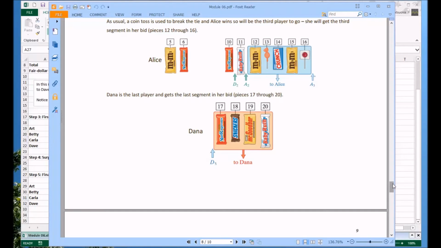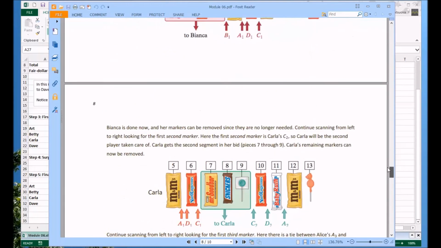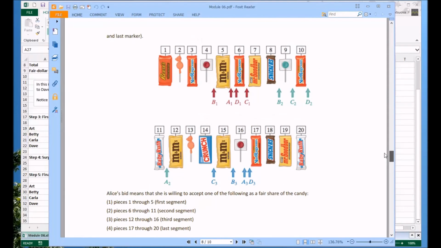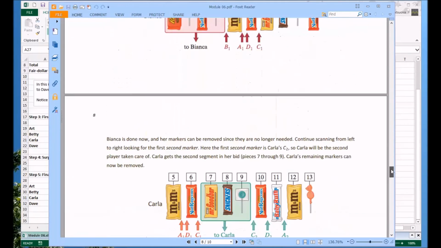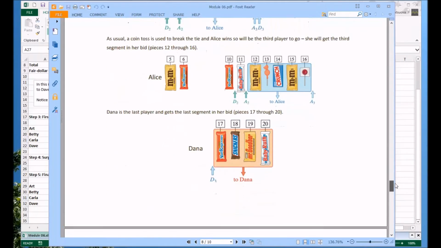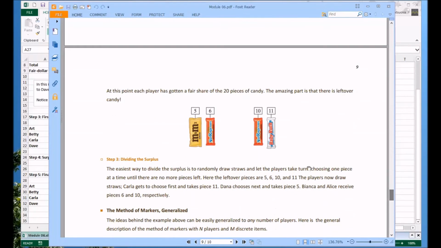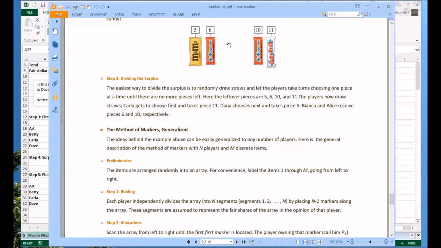If you keep track of the candies from the original setup, you'll notice that there are leftovers: these 5, 6, 10, 11. Nobody claimed these. So that's considered to be a surplus. Then you just randomly pick whoever wants to grab one of these. I personally like M&Ms, so I'll grab this. But you do that randomly.